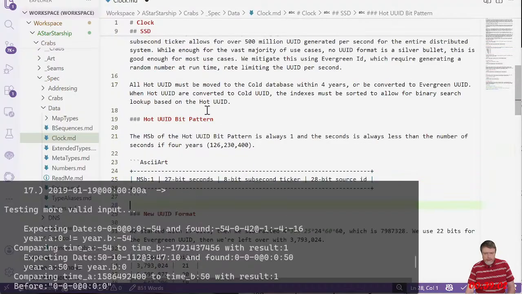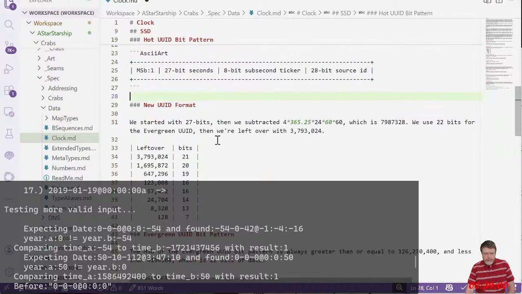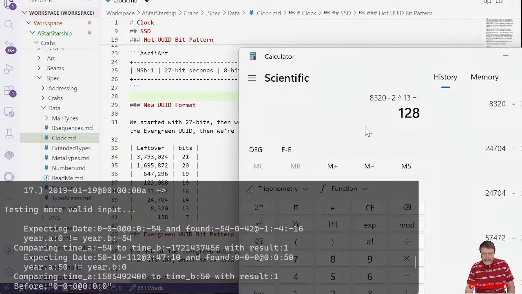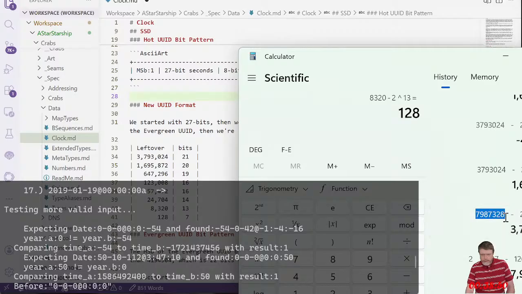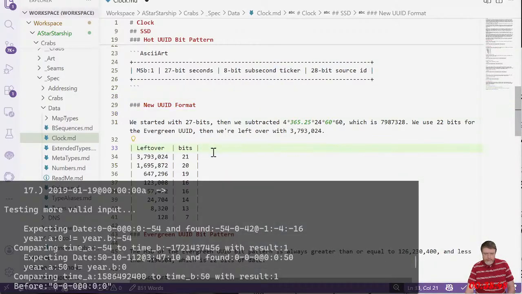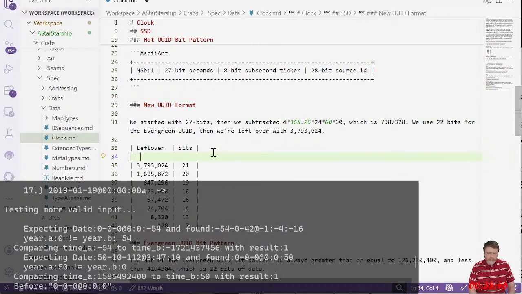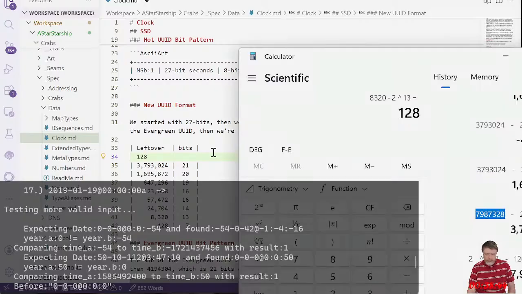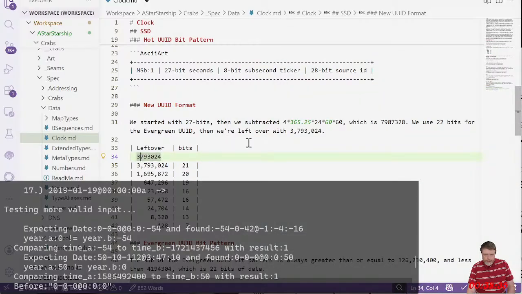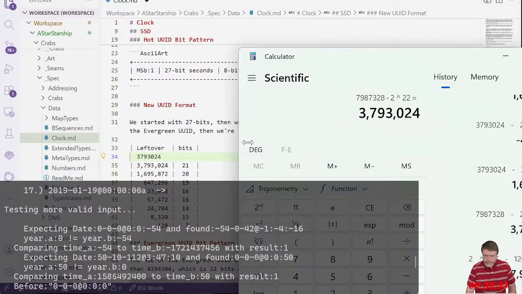And then just for good measure, we're going to add this back into the thing. Where's that thing? There.